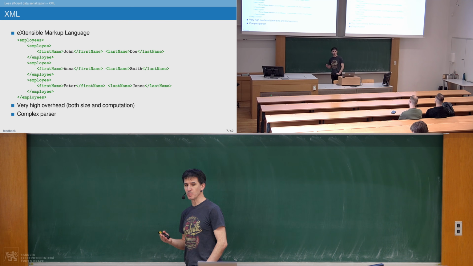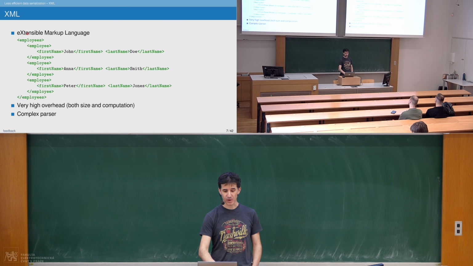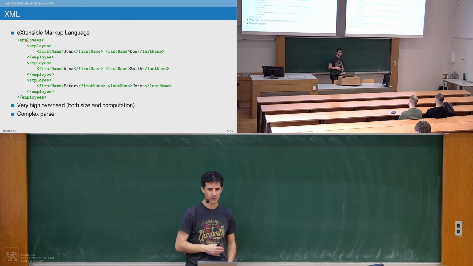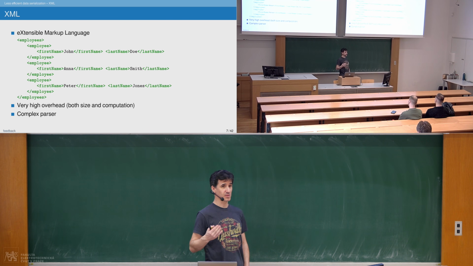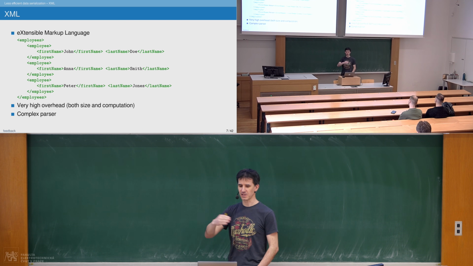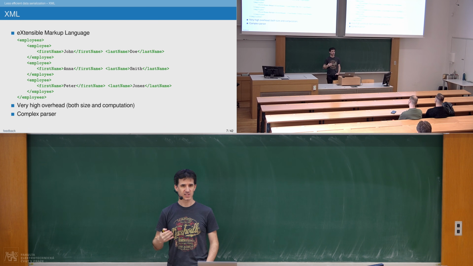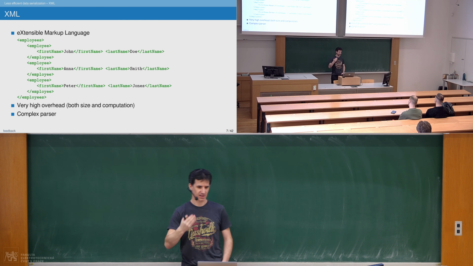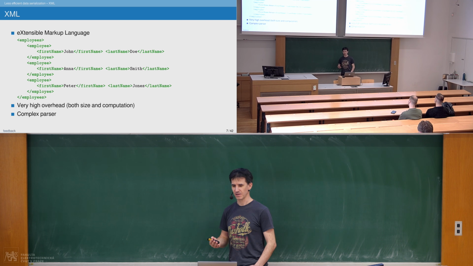And the overhead is both in space. To send those few names, you need to add all those tags and elements, all things around. So the space efficiency is not high, and at the same time, serialization and deserialization efficiency is not very high, because XML parsers, at least standard compliant XML parsers, are very complex.